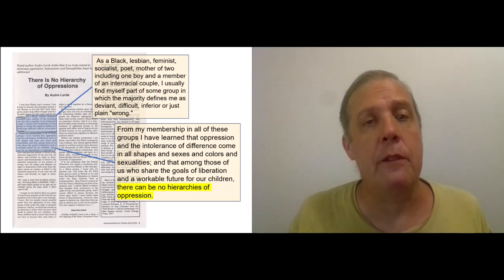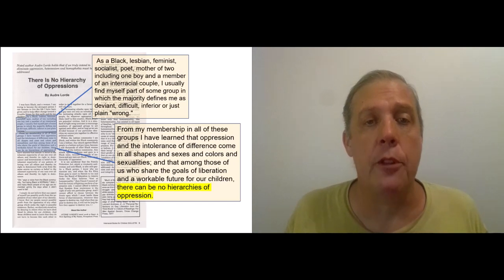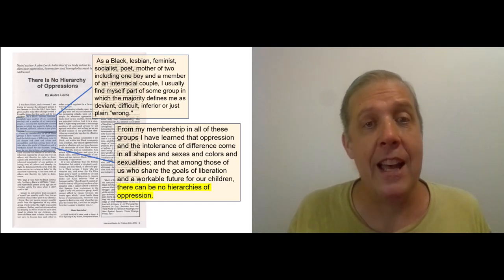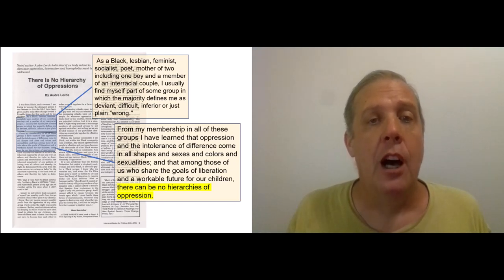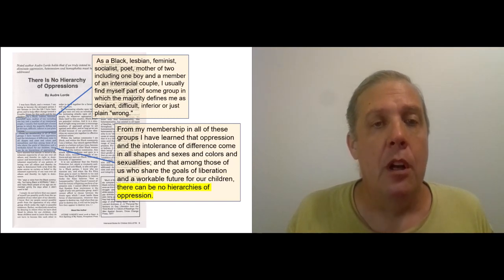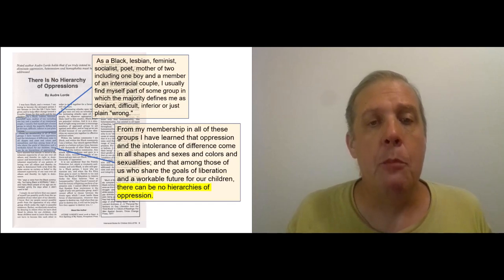As a black lesbian feminist socialist poet and mother of two, including one boy, and a member of an interracial couple, I find myself a part of some group in which the majority defines me as deviant, difficult, inferior, or just plain wrong. From my membership in all these groups, I have learned that oppression and the intolerance of difference comes in all shapes and sizes and colors and sexualities.